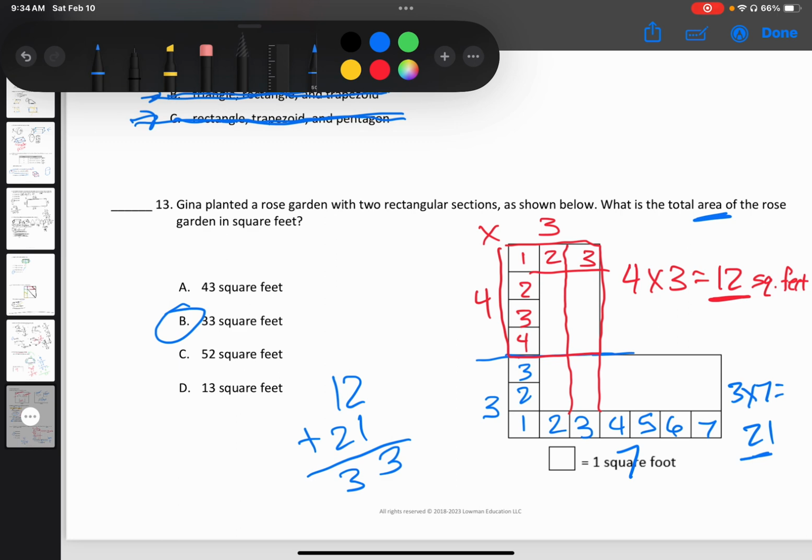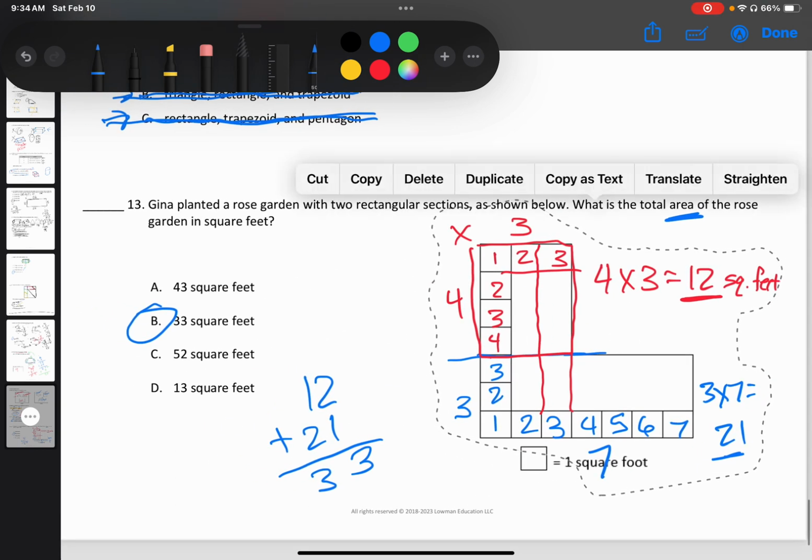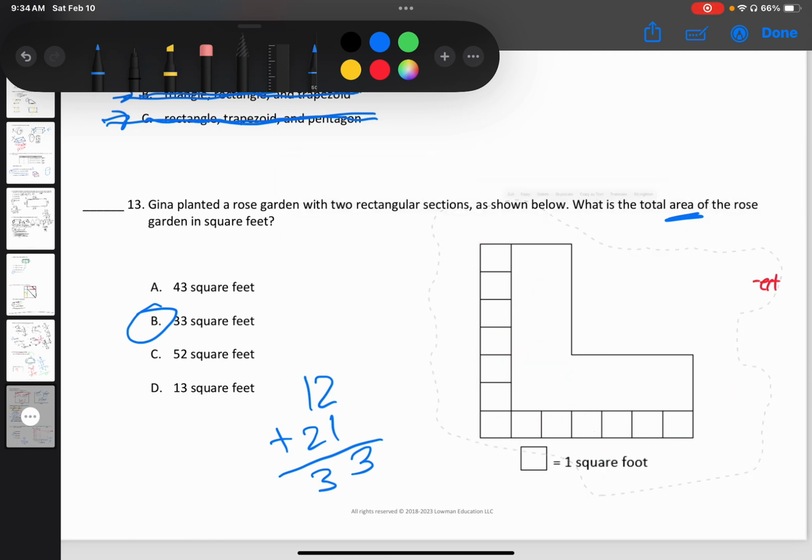Because it's a smaller shape, some of the kids are still more comfortable with gridding out this entire thing carefully, and then just counting the squares.